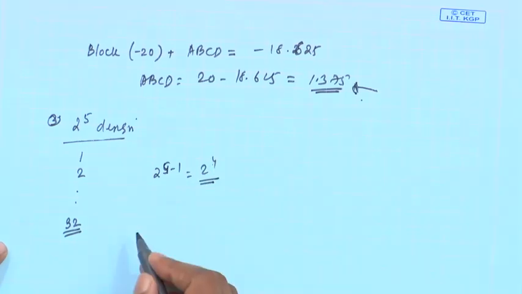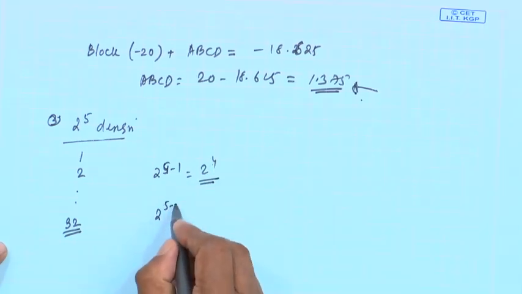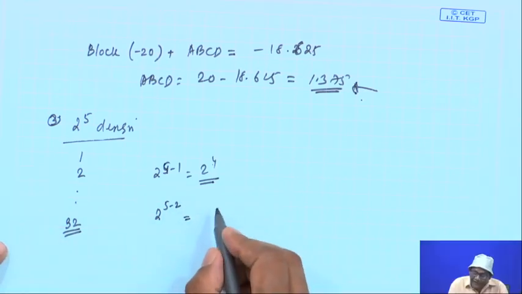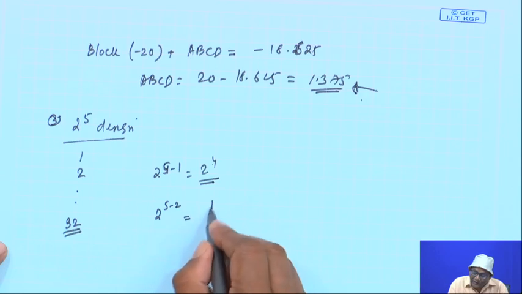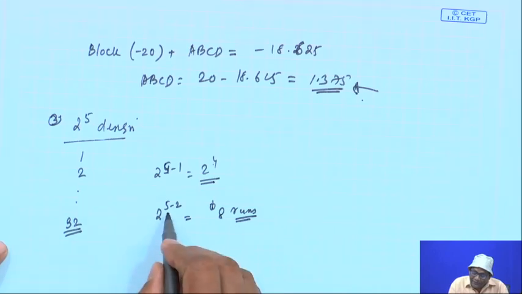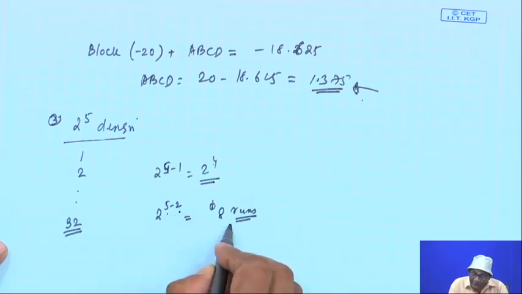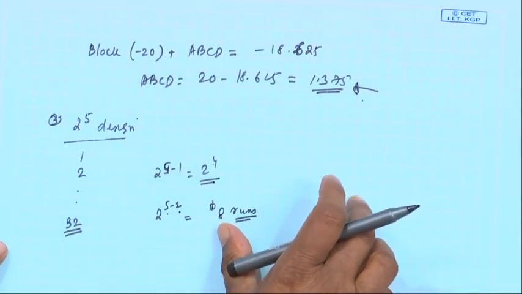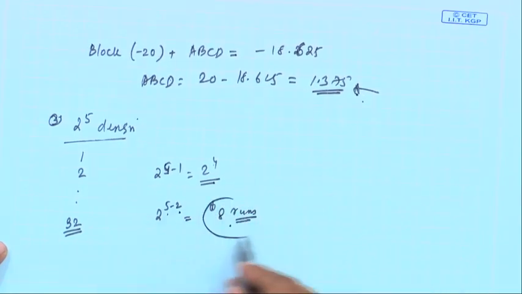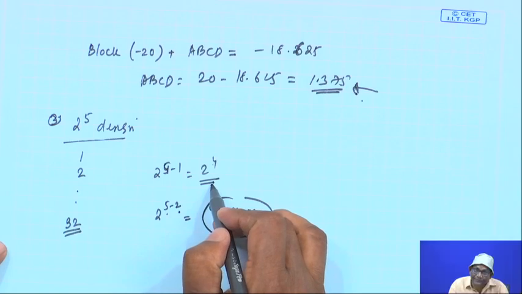Suppose this is not possible, and you have to use 2 to the power 5 minus 2, that means 1/4 of 32, so 8 runs. Each block can accommodate only 8 runs, not 16 runs.